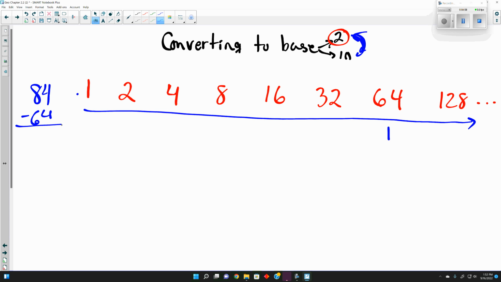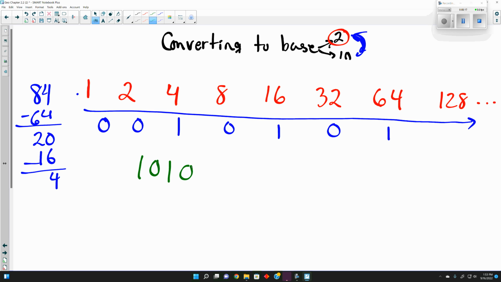We subtract it. 84 minus 64 is 20. Well, 32 won't go into 20, but 16 will. So we'll subtract 16 from 20, which is 4. 8 won't go into it, but 4 will, and that finishes it out, which tells us our base 2 number for 84 is 1010100. And that's all we have to do for this.